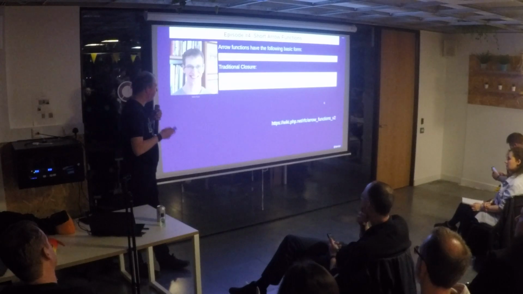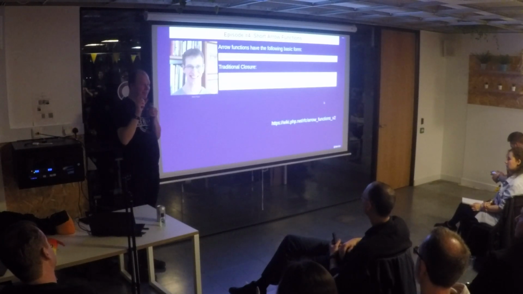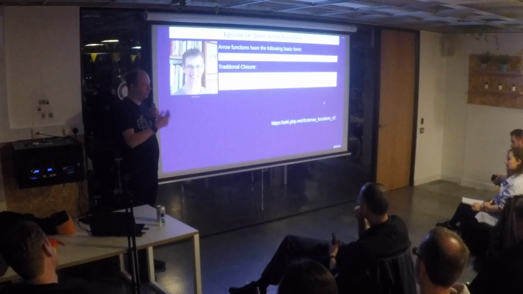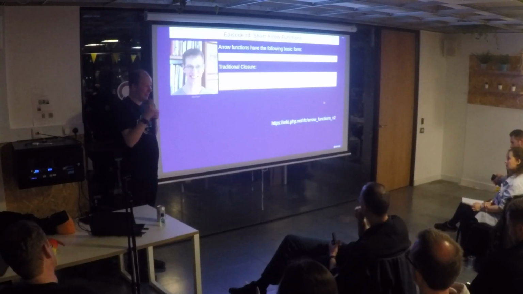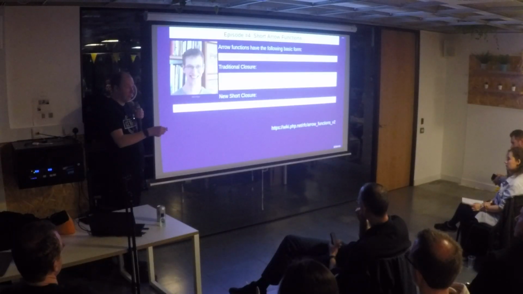Now, what the short arrow function allows you to do is to create a very small function that has a single expression. The result of this fn function is the result of that single expression. Let's have a look at how that looks. If you rewrite the traditional closure as a shorter arrow function, you get arrow fn. That's a lot shorter than function.